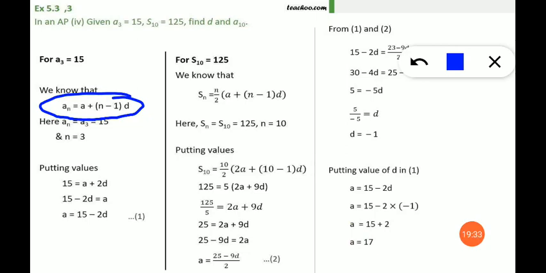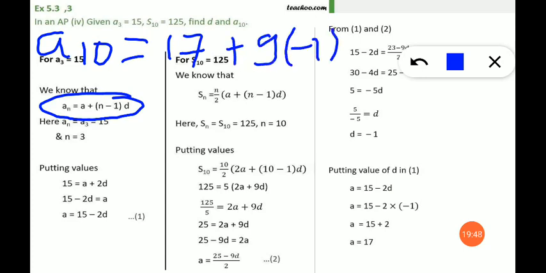So find out a10. So what is your answer? 8. Yes. So a10 is 8.